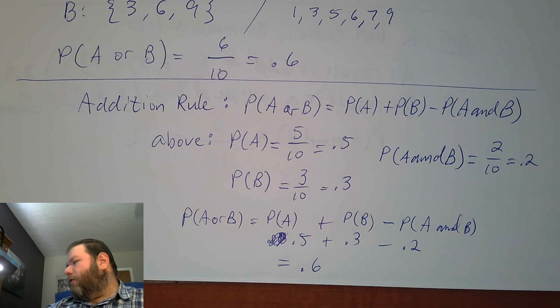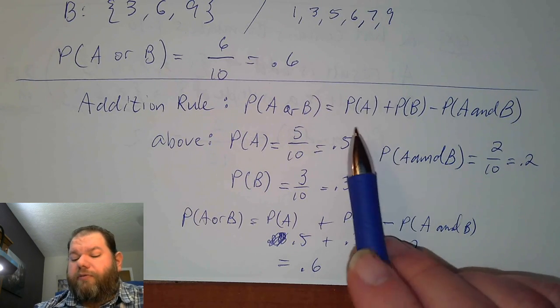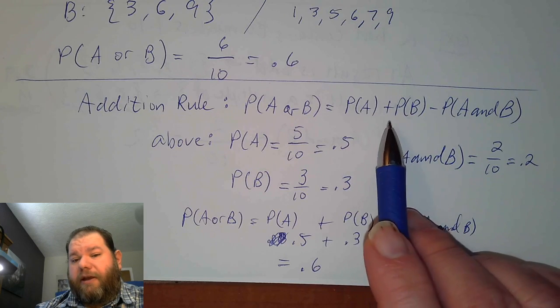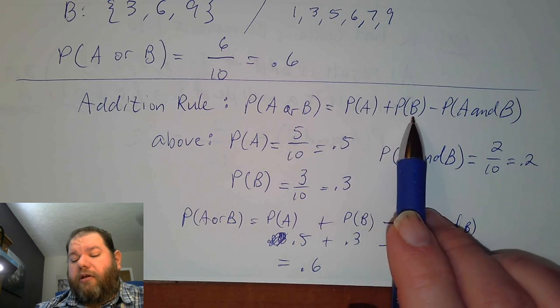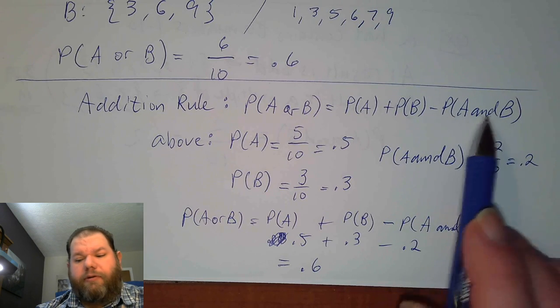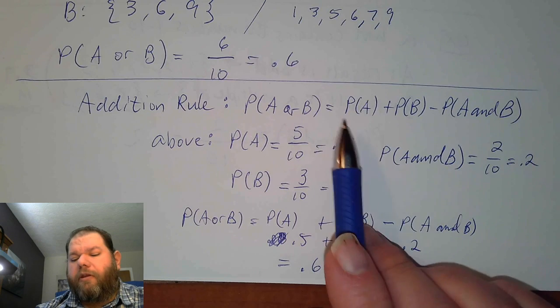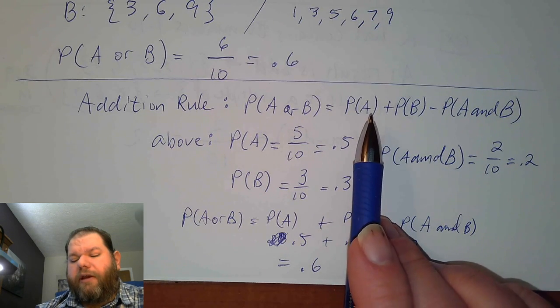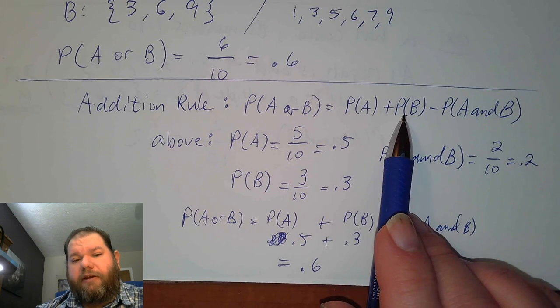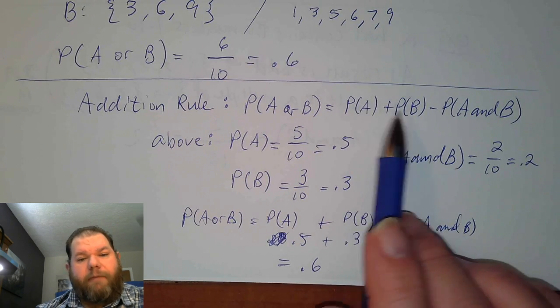Alright. Now, we look at this equation and we have P of A and P of B added together, but then we also subtract where they overlap. It may not make sense. But the idea is that if we have P of A and P of B, there may actually already be some overlap between those.